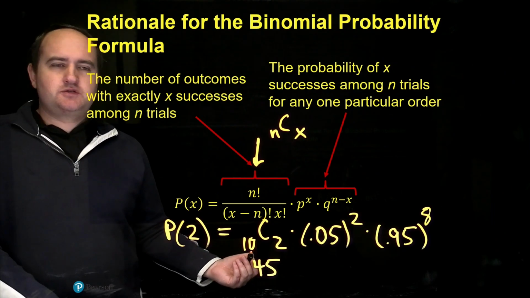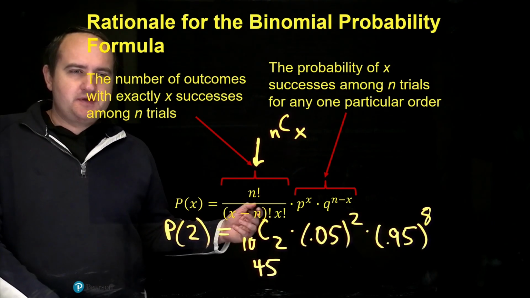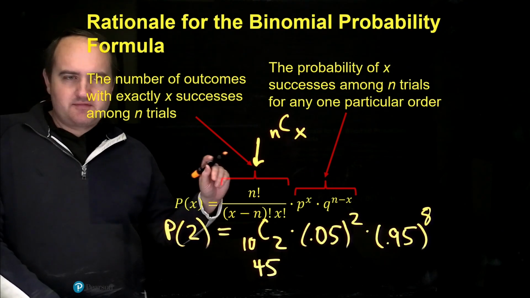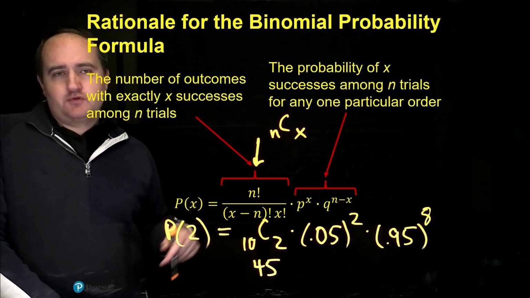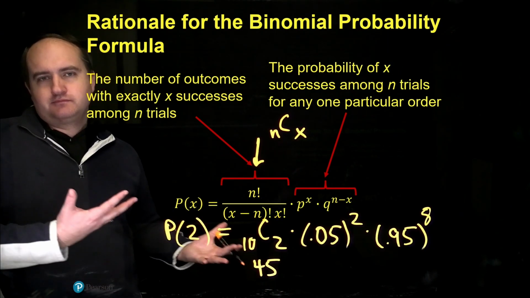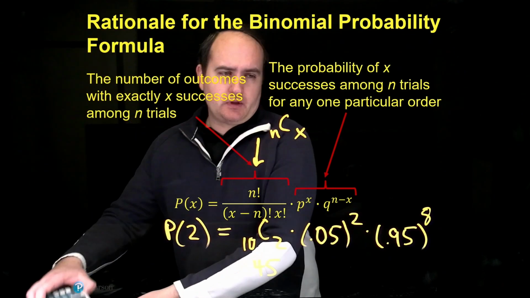So basically, you would just do 10 times 9 times 8 factorial. Then you would cross out the 8 factorial, so you'd have 10 times 9 over 2 factorial, which would be 90 over 2, which is also 45. So any way you want to do the combinations is up to you.